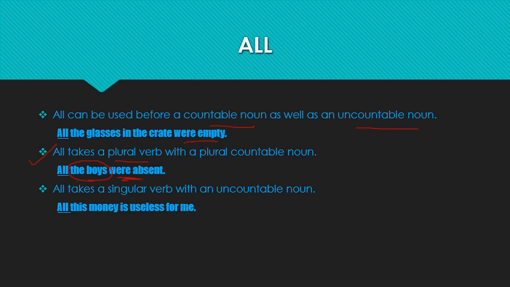And whenever it is with an uncountable noun, in that case we use a singular verb. All this money, now money is uncountable. All this money is useless for me. I hope all is clear. All means in general all.